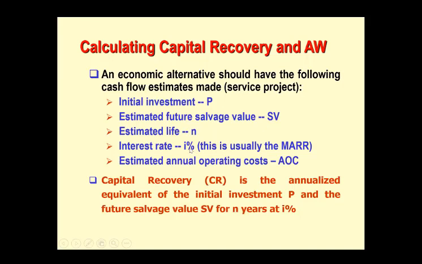Interest rate is small i%, and it is usually the minimum accepted rate of return. And we have the estimated annual operating cost, AOC. Annual operating cost is an equal payment series of cost.